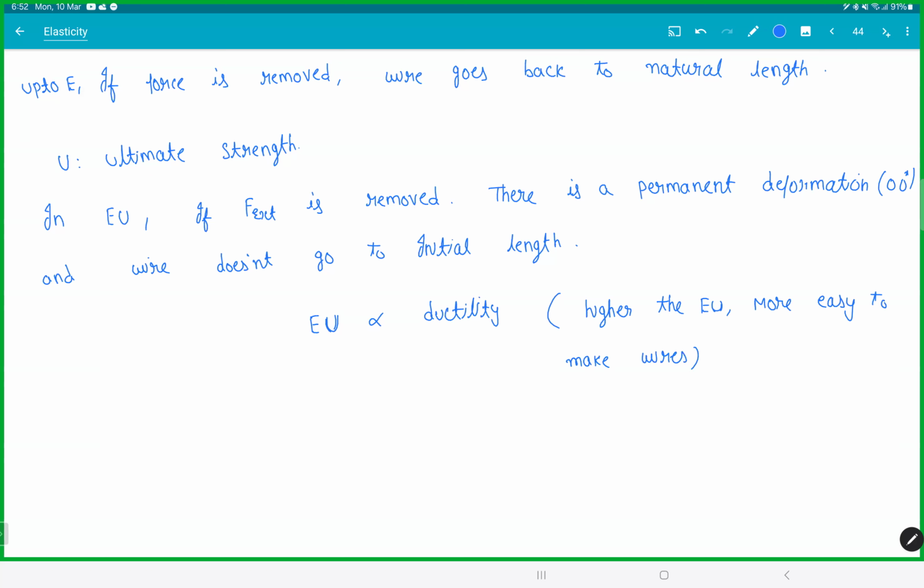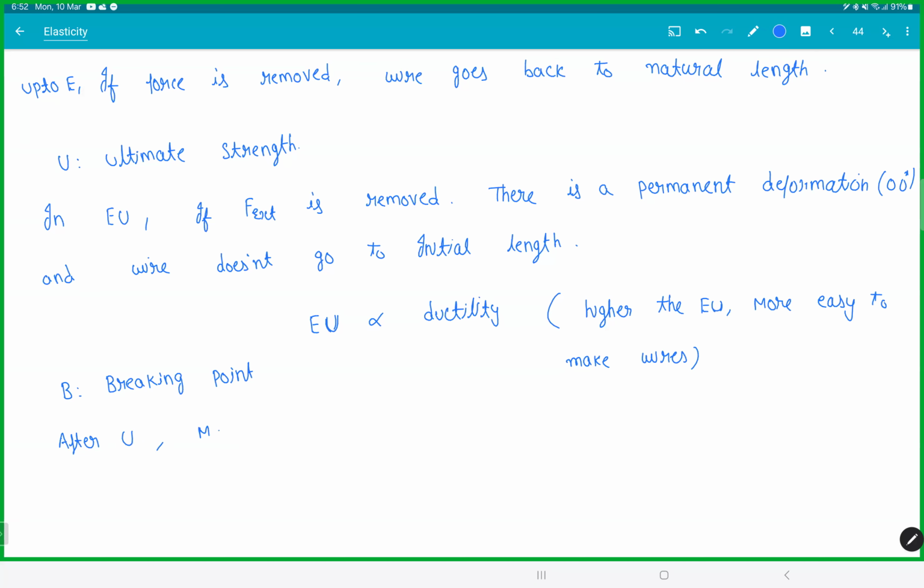Now, what happens after this? If you try to stretch more, then you're gone. So B is the breaking point. After U, the material behaves like plastic.